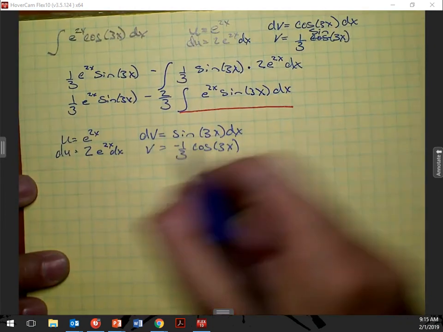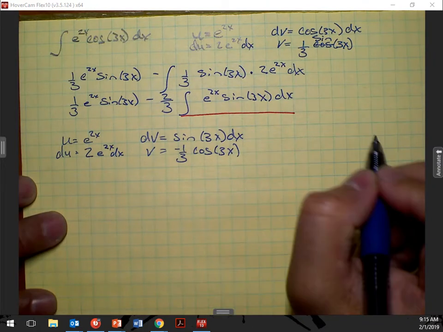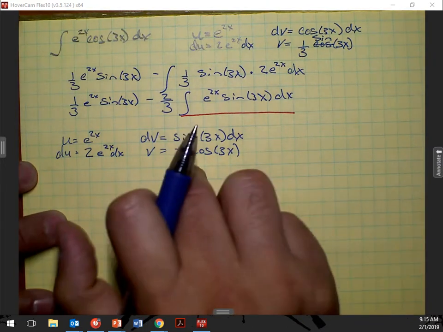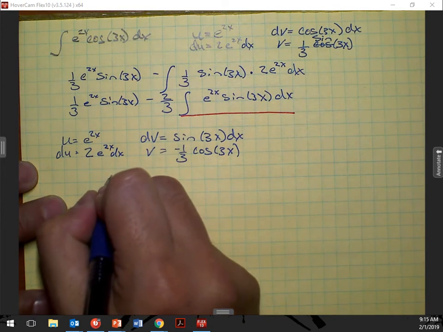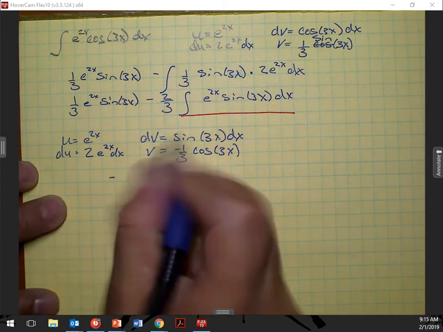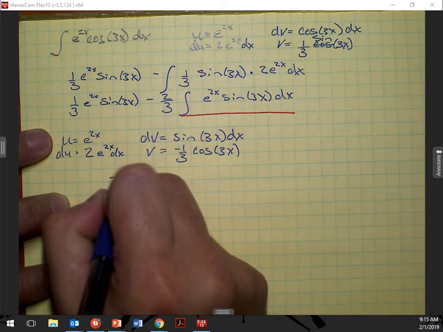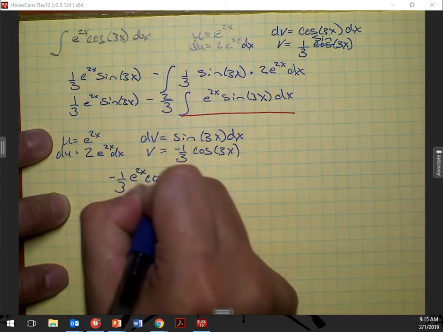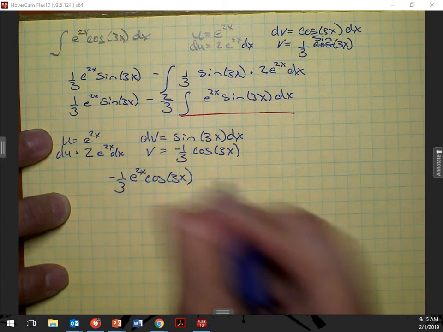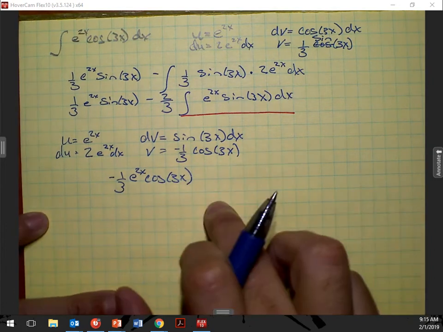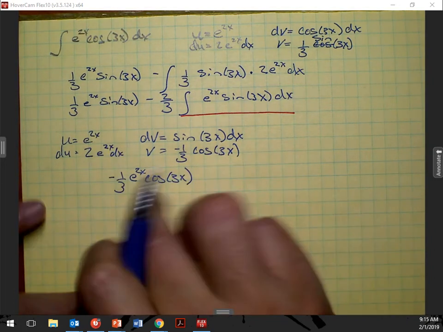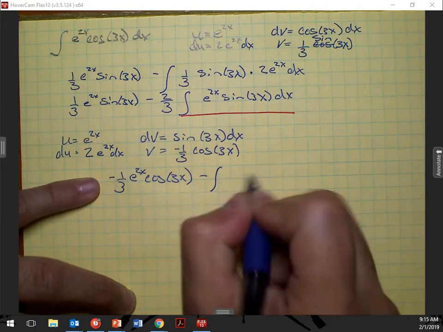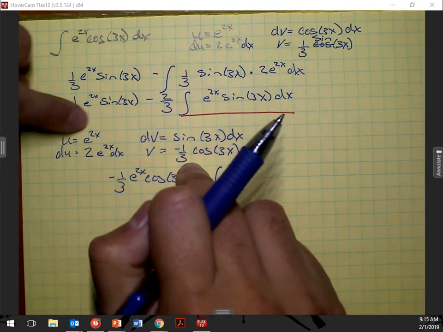So now I'm going to work that, so I'm going to end up with my uv, it's going to be negative 1/3 e to the 2x cosine of 3x, right? Yes. Okay, so from here I have that minus the integration of, that's going to give me what?